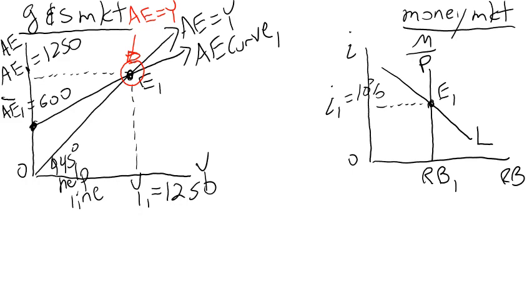How do we get that? Well, let's see. On top, the nominal money supply, 800. The general price level, 1. It's predetermined, in other words, it's constant.